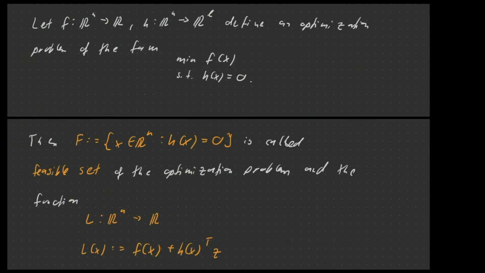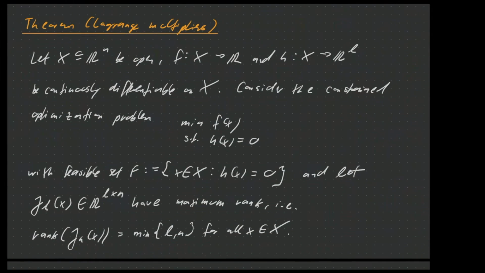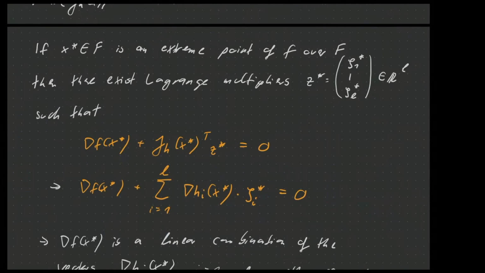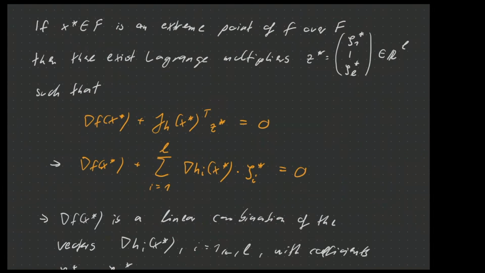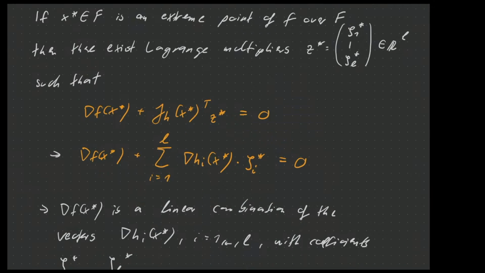Okay, generally we always minimize. Of course, you can also maximize by just minimizing negative f. And the way to deal with this type of problems was the Lagrange multipliers method. And that says if we have an extreme point of a function over the feasible region, call that capital F here, and that feasible region is defined by all points that satisfy the equality constraints, there exist so-called Lagrange multipliers.